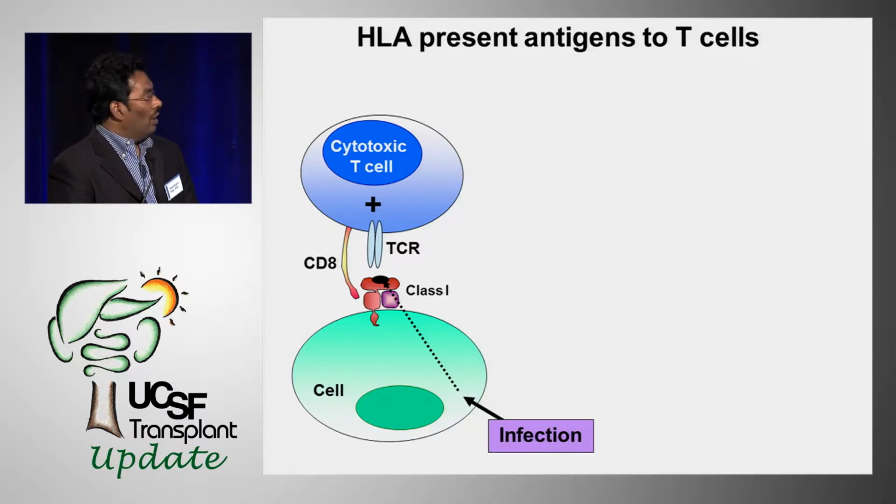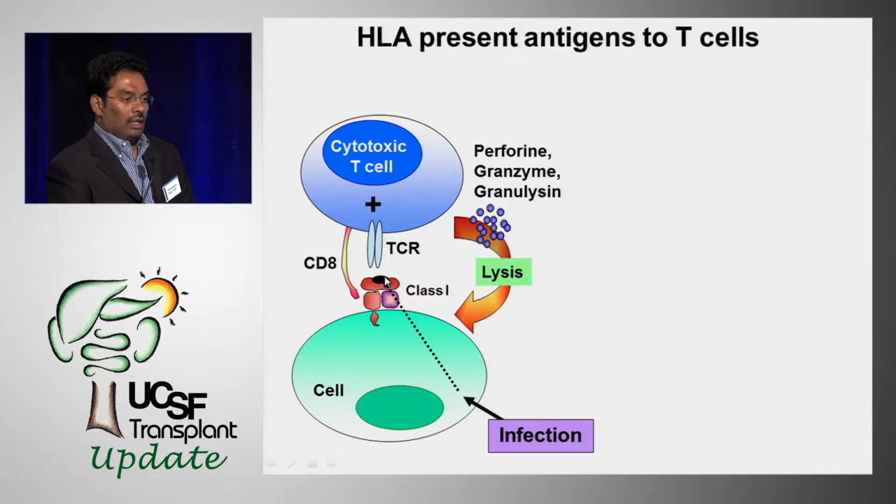Once the T cell recognizes the class 1 molecules with these foreign peptides, it triggers an immune response. Basically, it releases all the cytolytic molecules that kill infected target cells. So you contain the infection.